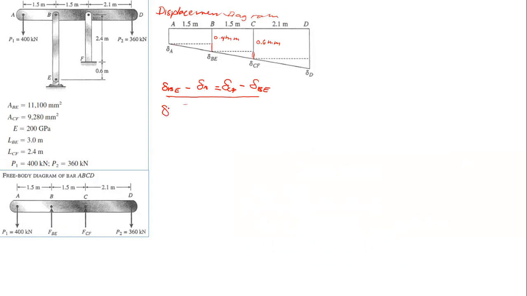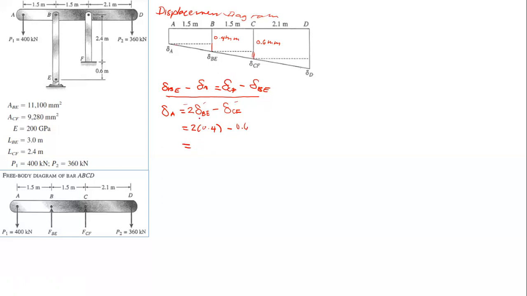After that, we are going to manipulate this equation to solve for the displacement at A. Using algebra, we transfer all the CF and BE terms to the left, and delta A on the right. So it is the same, and we have twice BE: 2 times the displacement of BE minus the displacement of CF. Given BE and CF, that equals twice 0.4 minus 0.6.